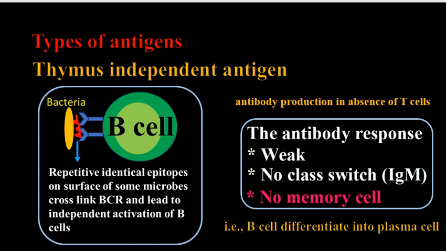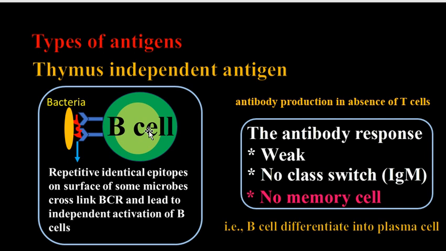However, in thymus-independent antigens, as can be seen here, the antigen is usually composed of repetitive identical epitopes on the surface of a microbe, and they cross-link the BCR, and this leads to independent activation of B cells.